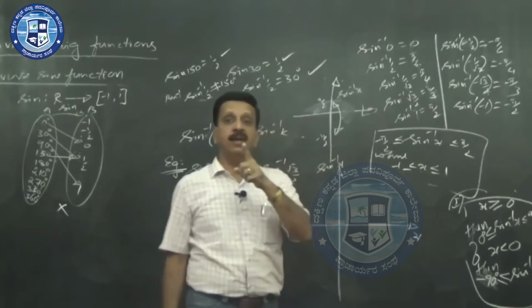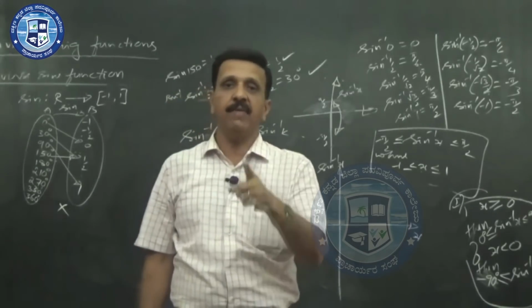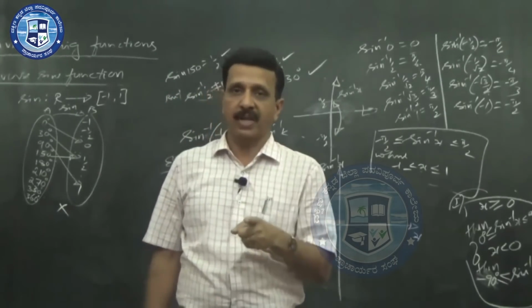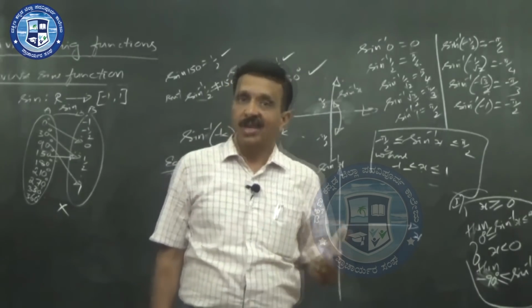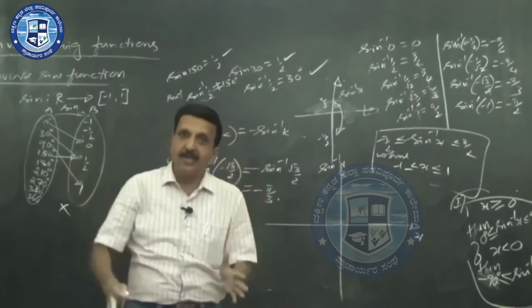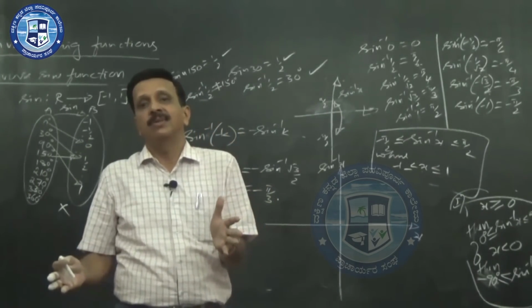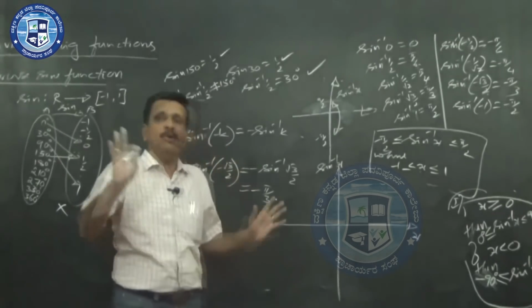I said inverse trigonometric function is like a game, and the game becomes very interesting when you introduce rules for it. We already introduced rules. In sine inverse x, x must lie between minus 1 and plus 1, and sine inverse x must lie between minus pi by 2 and plus pi by 2. With these rules only, we play the game.